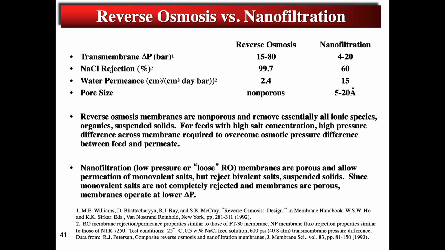The RO membranes are strictly non-porous, dense materials, and the nanofiltration membranes can have the same chemistry, but they have a low level of tiny pores that allow some convective flow. And this reduces the salt rejection, but markedly increases the rate at which water permeates through these materials.